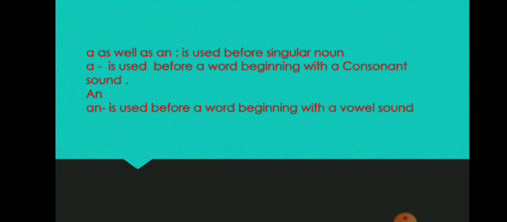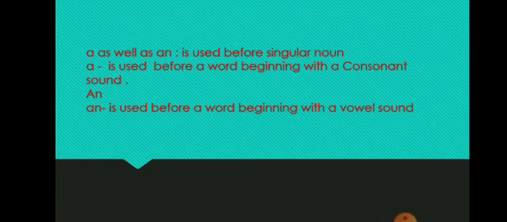And then again we can differentiate. Let's see the difference between a and an. A is used before a word beginning with a consonant sound. In the last lecture we have seen some examples of vowel sounds and consonant sounds, so you know what vowels and consonants are.